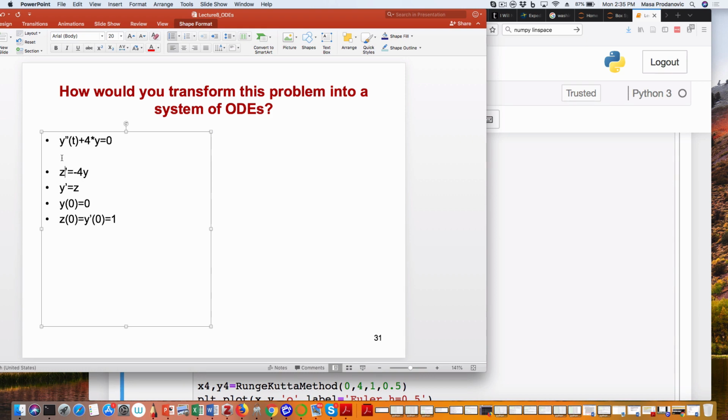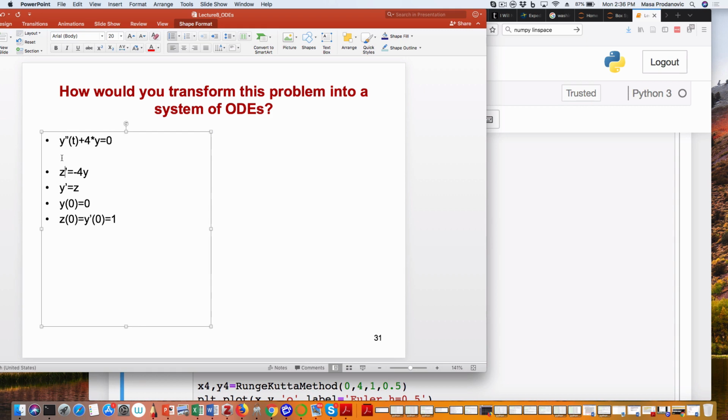z prime is some function of t, in this case x, but I call it t, it doesn't matter. If you want x, I can call it x. It's some function of y, z, and that variable.